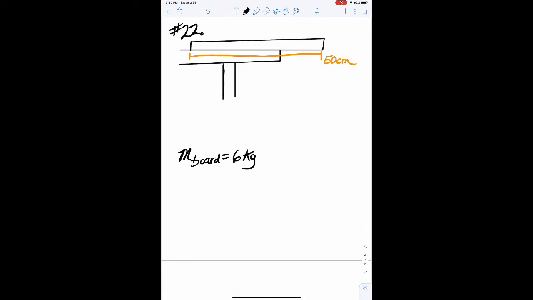So can I draw that? Well, we can say that the force of gravity for the board acts at the middle, which is about right there, right? So this is going to be Fg of the board, which is equal to 6 kilograms times 9.81.